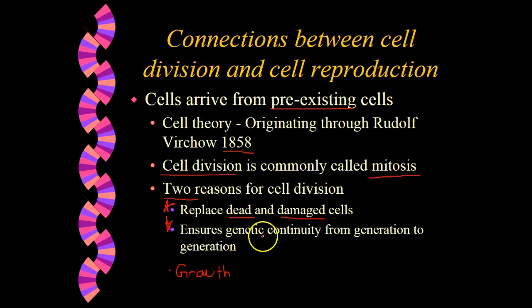Another one, ensure genetic continuity. This is a really important concept. What does that mean? It means that you are making sure that the cells that are made from the last generation are the exact same genetically as they are now.